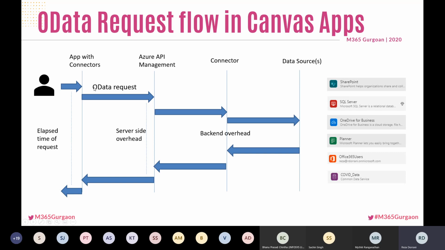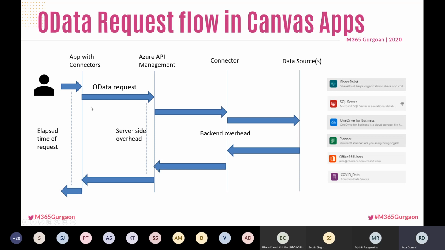What's an OData request? An open data protocol API call that goes across in the backend without you realizing. That call goes to Azure API Management. Azure API Management handles that incoming request, routes it to the respective connector layer that has been defined. That in turn goes ahead and performs the query on my data source. It gets the data back in the connector, gets it back to Azure API Management, gets it back to my app.